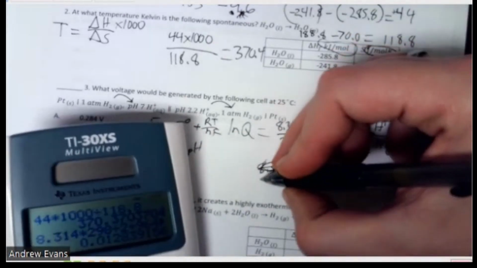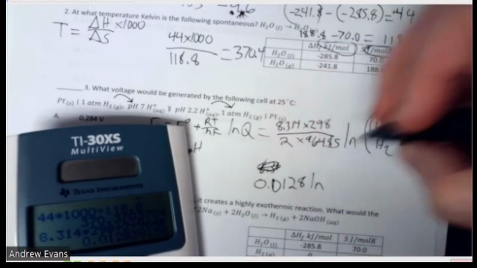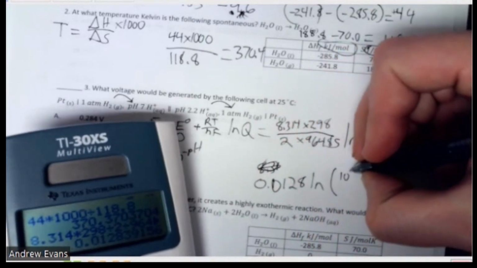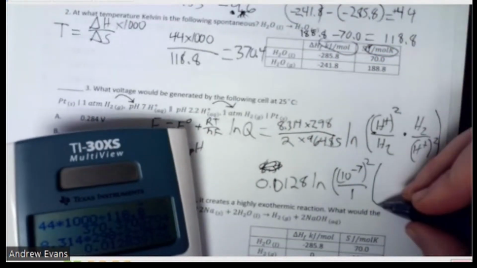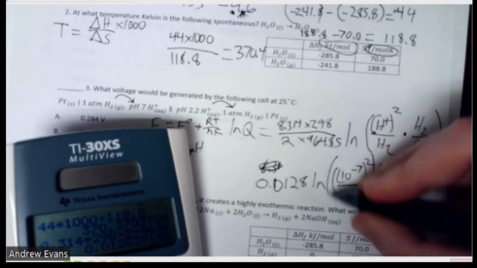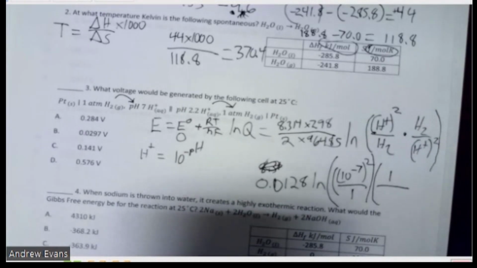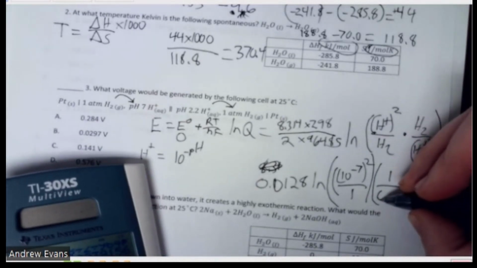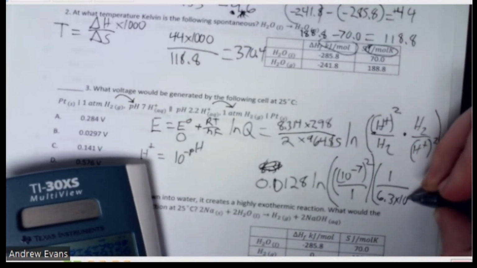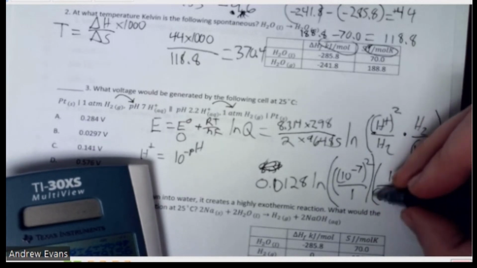Sounds like 0.0128 natural log of 10 to the negative 7 squared, over something. This is 6.3 times 10 to the negative 3rd squared.